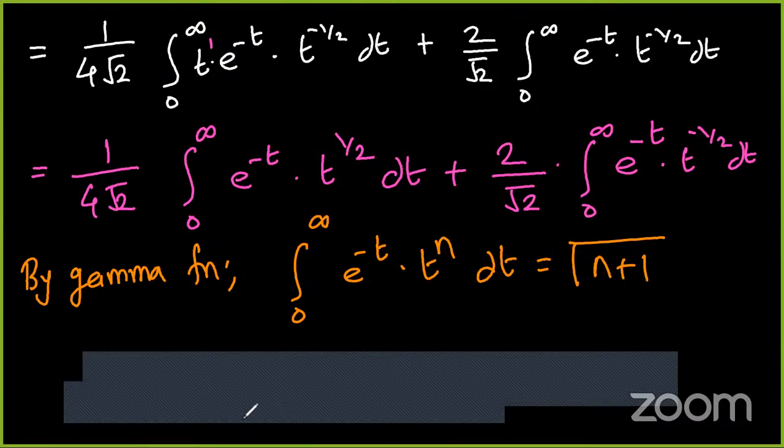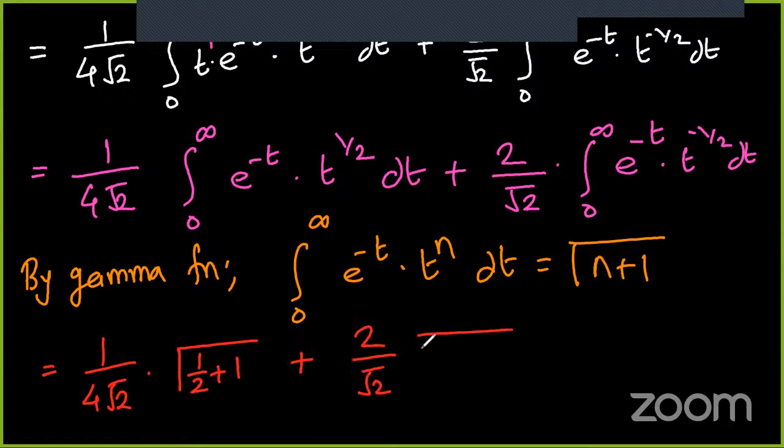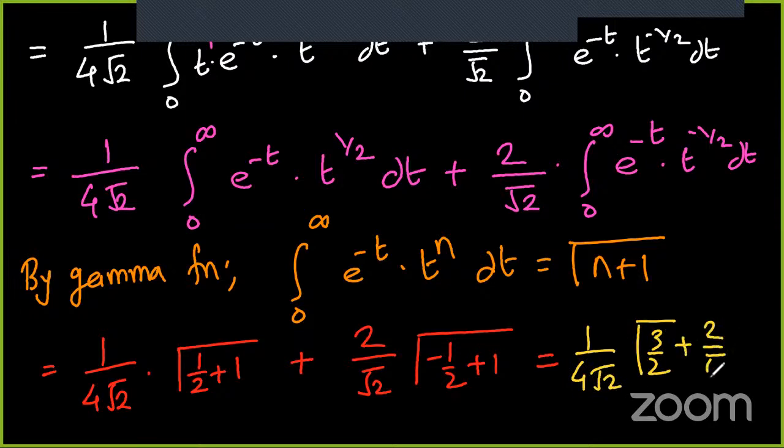So if I use this formula, so what is the answer? 1 by 4 root 2 into gamma of 1 by 2 plus 1 plus 2 by root 2 gamma of minus 1 by 2 plus 1. So what is your final answer? 1 by 4 root 2 gamma of 3 by 2 plus 2 by root 2 gamma of 1 by 2.